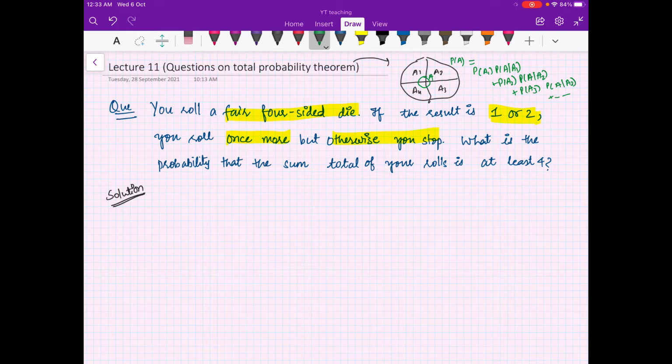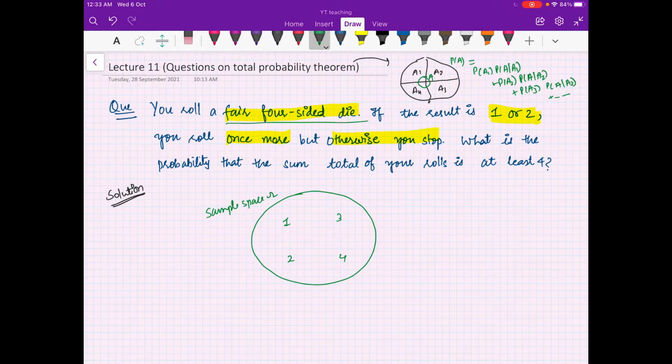So here you roll a four-sided die, and the result is 1 or 2. You have the sample space of a four-sided die: either you get 1, 2, 3, 4. This is your sample space omega for your experiment.